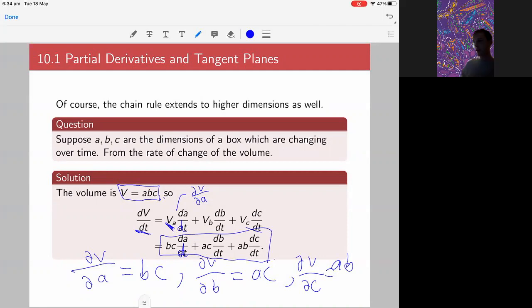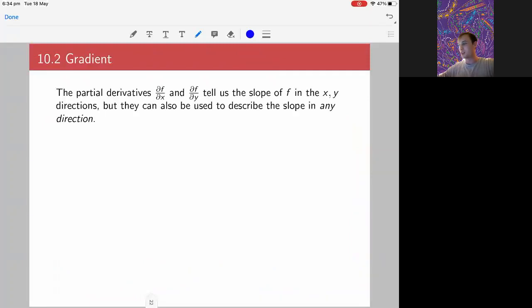All right. Now, section 10.2, we're getting into discussing the gradient. This is where we start talking about vectors. As I said before, for a function of 2 variables, at a particular point we've got 2 numbers, the derivative of f with respect to x and the derivative of f with respect to y, which tell us the slope in these 2 particular directions, x and y.